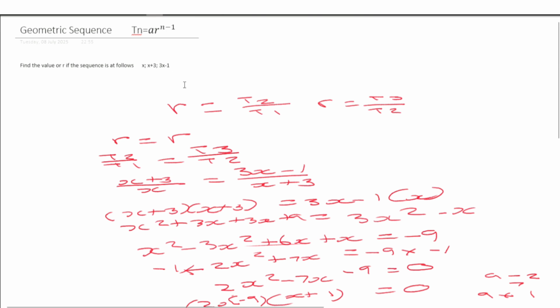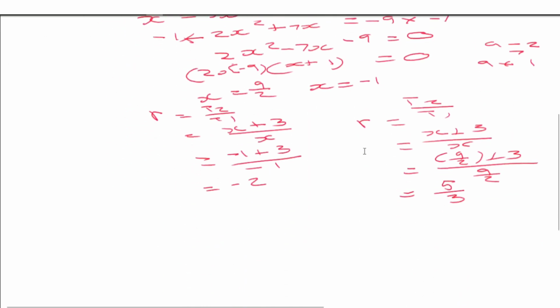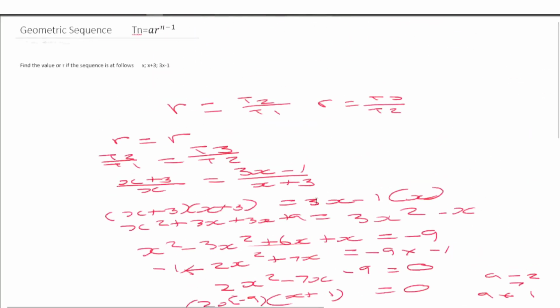So now the ratio of the sequence must be the same, so we need to discover which of these two is actually the correct r. So we're going to say the first term is equal to x.